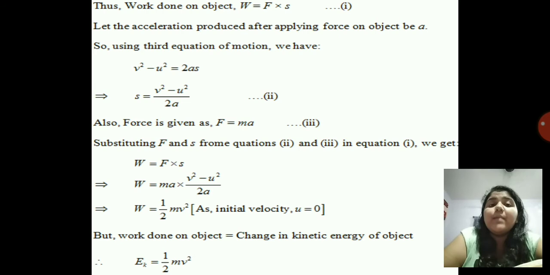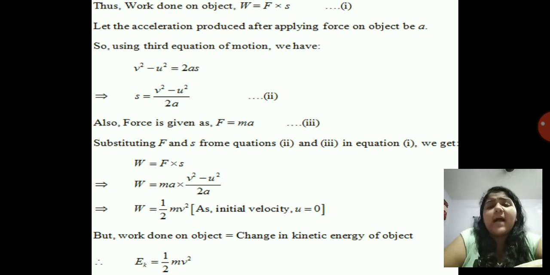Then you have to remember the formula F is equal to ma, that is force, and then take equation 1 and substitute the values of F and S in it. Then you cancel that a, u square will become 0 because of the initial velocity, and you get the formula Ek is equal to half mv square.